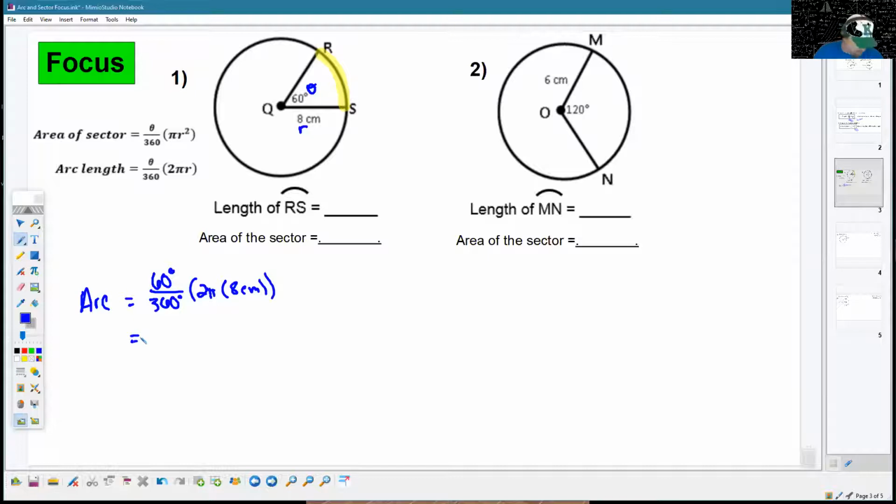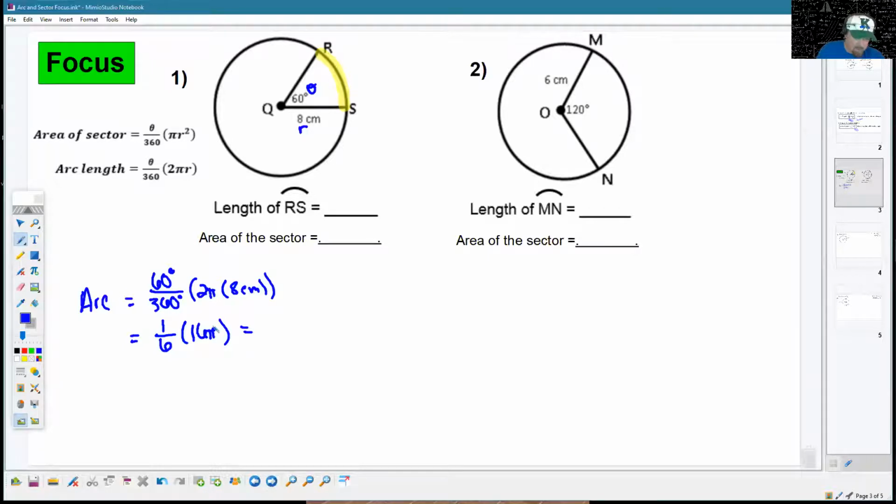So let's go through and let's actually plug this in. So 60 divided by 360 is 1/6. And if you actually do this, you can leave pi alone when you go through this. This is 16 pi. And I'm going to exclude the centimeters down here. It's just along for the ride for the answer. Those are the two things that we want to multiply together.